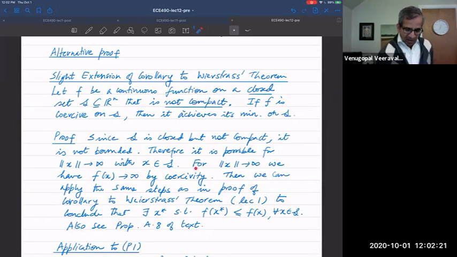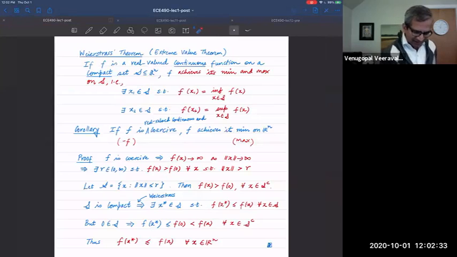For those x's that are going to infinity, we must have f(x) going to infinity by coercivity. That's the definition of coercivity. Then you apply the same steps as in the proof of the corollary. You construct another set, don't call it S, call it B or something like that.